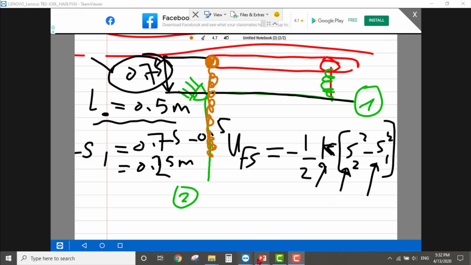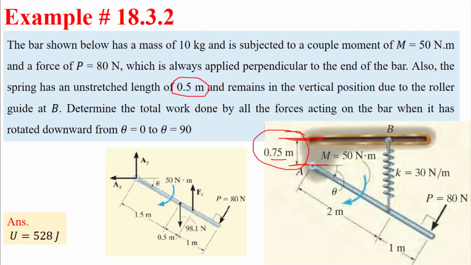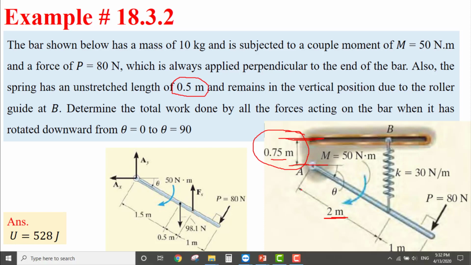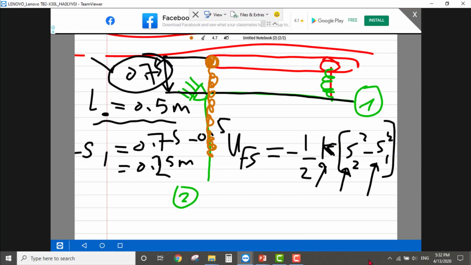If I go back to the slide, this point is located at 2 meter from point A. So this distance is 2 meter, and this distance is 0.75.